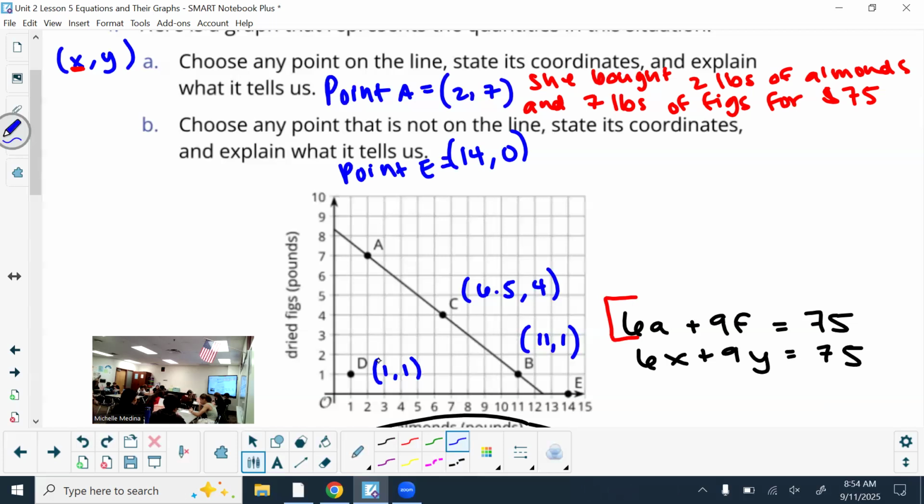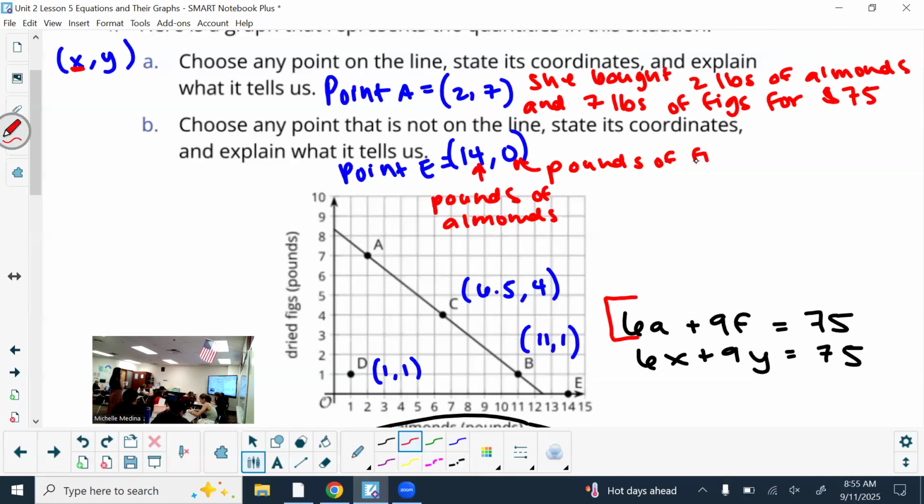All right, now for what it tells us, the 14, 0, that's 14 what? So that's 14 pounds of almonds. Again, that's the x, so the x-axis. Otherwise, you're having to go back and read the story and figure out what's independent. And then 0 what? Pounds of figs.